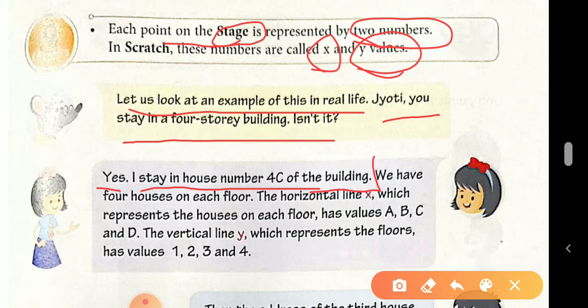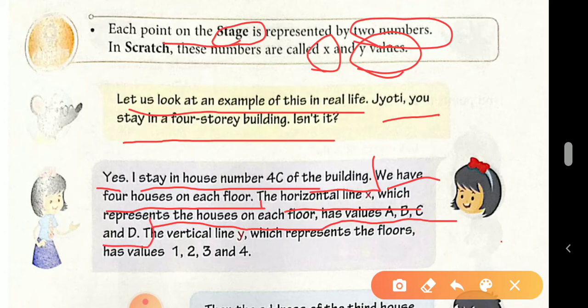Jyoti stays on the 4th floor and the building name is C. There are 4 houses on each floor. This horizontal line X, which represents the house on each floor, has values A, B, C and D.